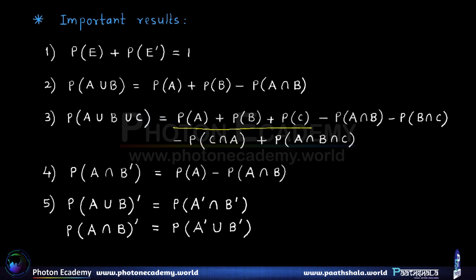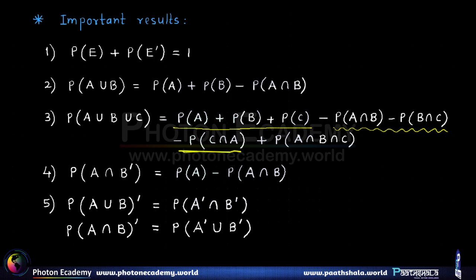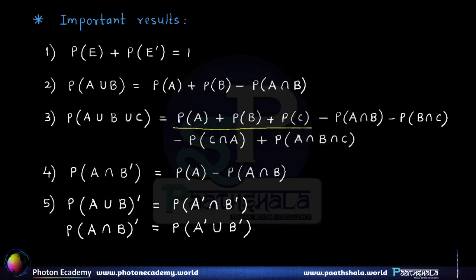Now from that we subtract the probabilities of intersections of 2 events taken at a time, and lastly we add the probability of intersection of all the events taken together. So it is alternate plus and minus that we have to do with these different sets of events. Now this is also called the principle of inclusion exclusion, because we are alternately including and excluding the different regions as indicated here.